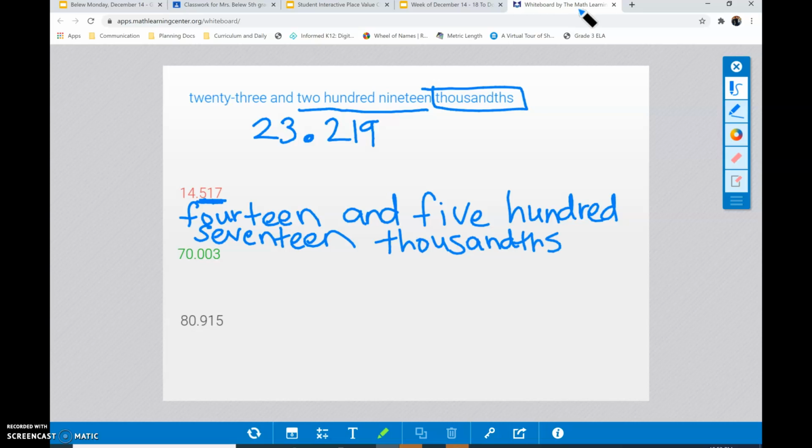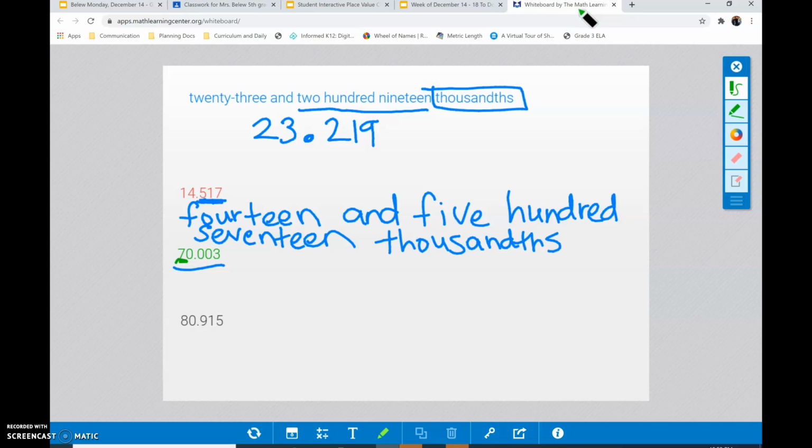Okay, so let's look at this one. The whole number, remember, is the number before the decimal. That number is 70, not 17. A lot of you have messed up doing that. You're writing, if it's 70 or 60, you're writing 16 or 17.